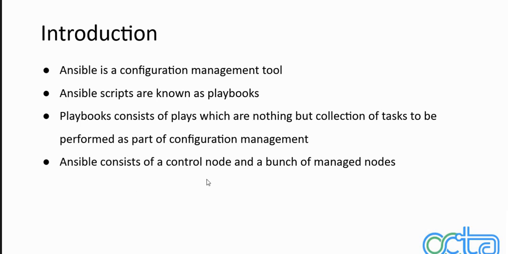So we call that the control node, and the other machines we call managed nodes. Hope this difference is clear. What is Python? What is Ansible? What can Python do? What can Ansible do? When do we use Python, when do we use Ansible?